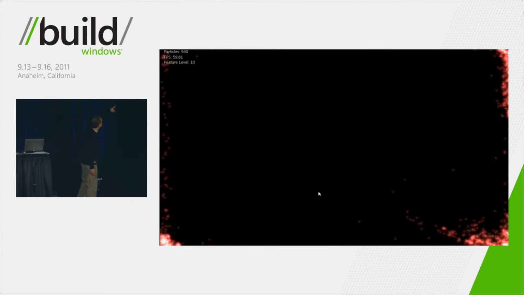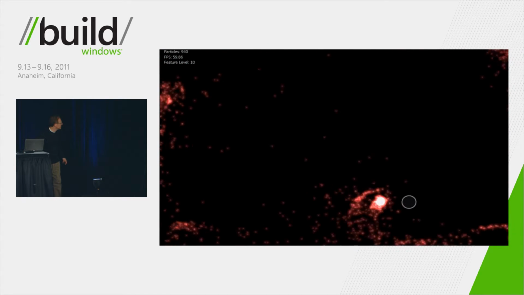It looks like about 940 particles are running on the screen at the moment. Each one is getting transformed, and then we're using the geometry shader, which is a feature level 10 construct, to take those points and convert them into two triangles in a triangle strip for each one, and then render a textured quad for each point. And see, I can interact with them, and we're getting very fluid motion here. This is also touch, so it's basically repelling the points as we move across there.